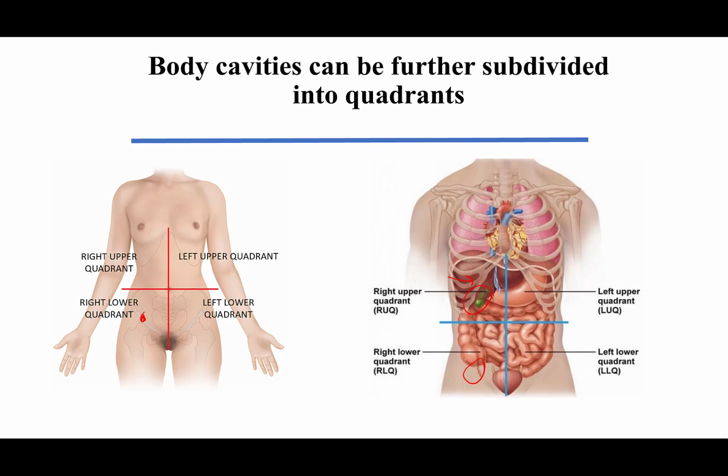For example, pain at the left upper quadrant would likely be associated with the stomach and the spleen, which is behind that. And pain of the left lower quadrant is associated with the left side of the intestines, for example.